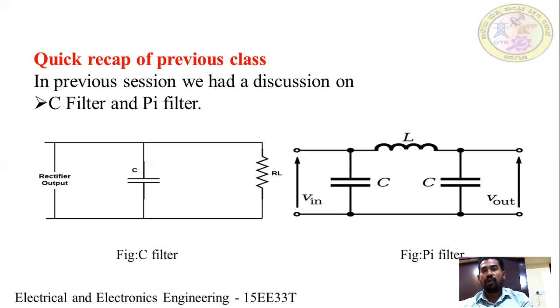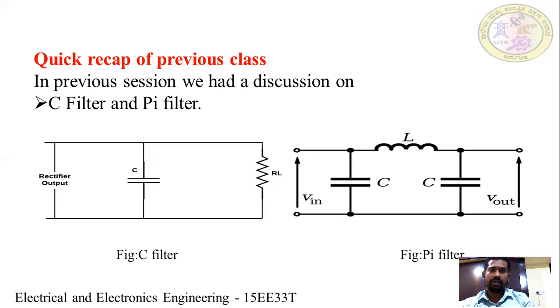Again, in the next quarter cycle from pi to 3 pi by 2, the diodes D3 and D4 are under forward bias condition, and D1 and D2 are under reverse bias condition.